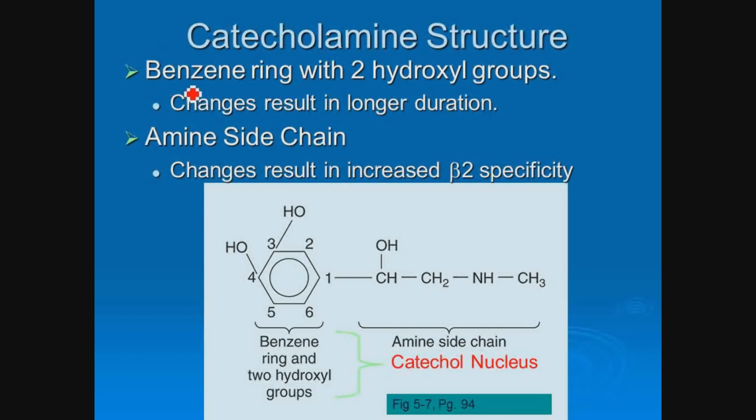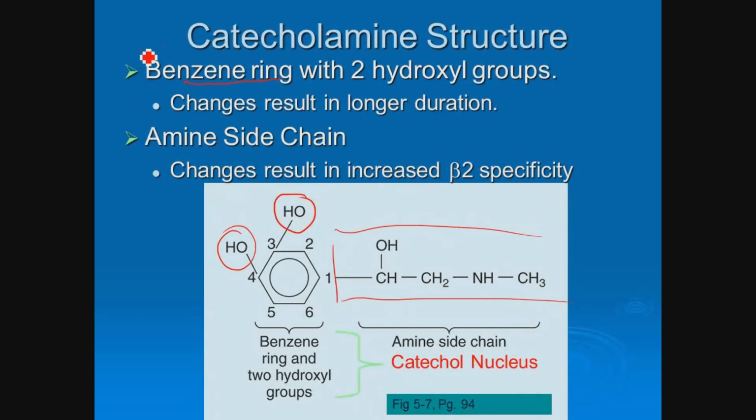First one is a benzene ring, and for those of you who may have taken organic chemistry, you're better than I. It's basically a carbon ring, and I have a benzene ring that has two hydroxyl groups, and I have an amine side chain, which is this portion here, and between the two of them that gives us the catecholamine.